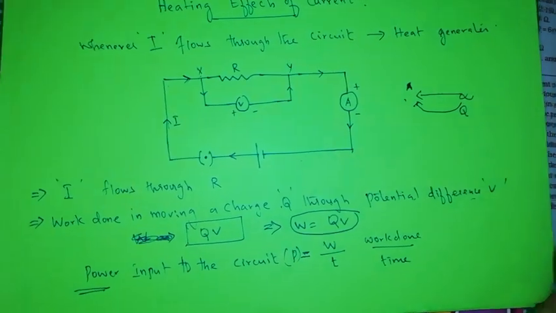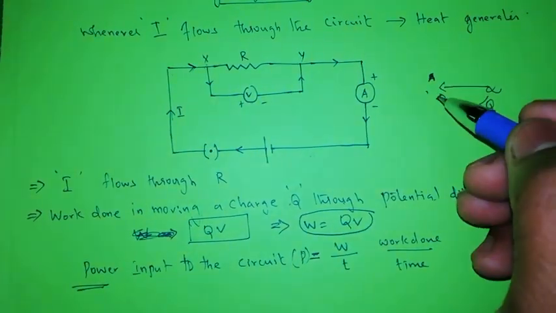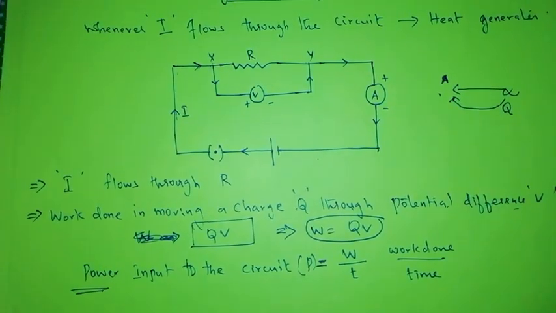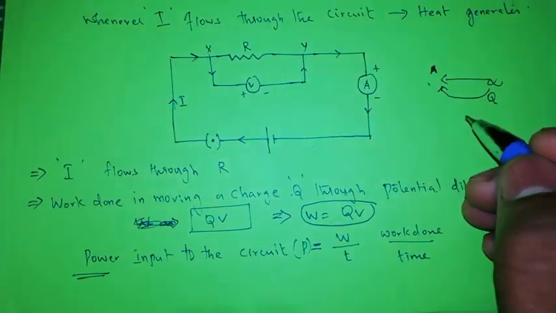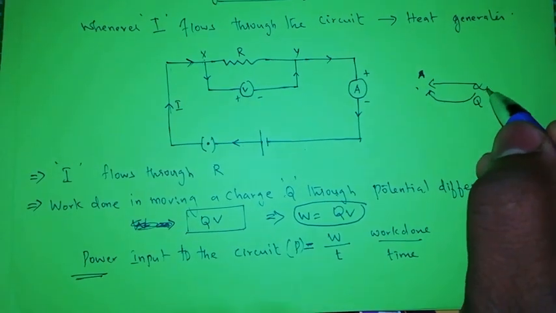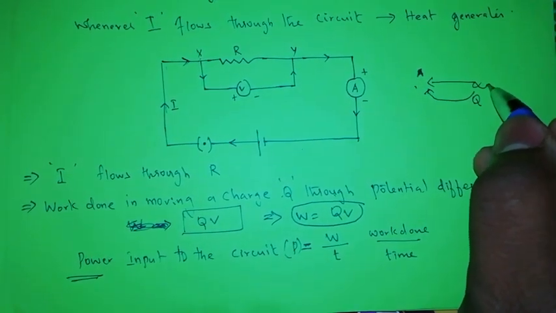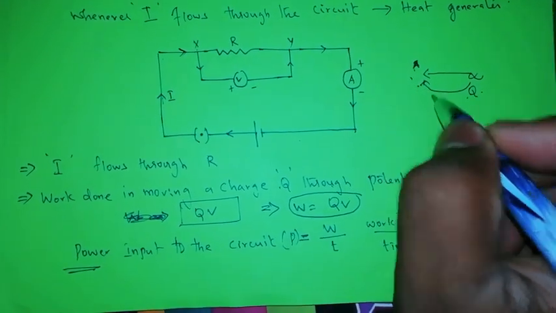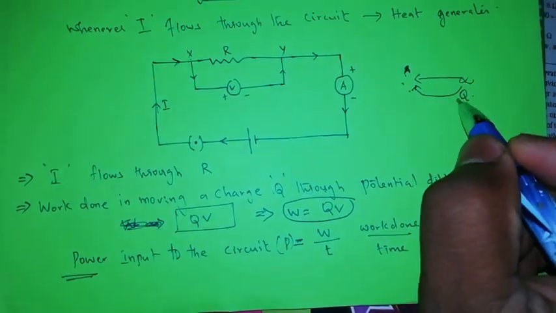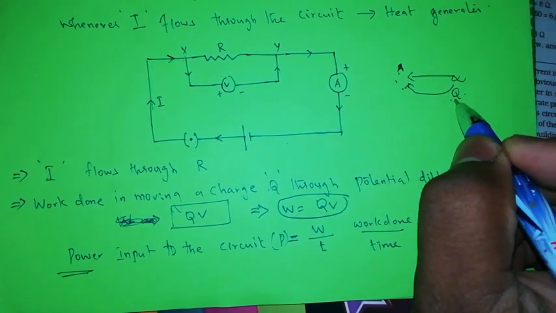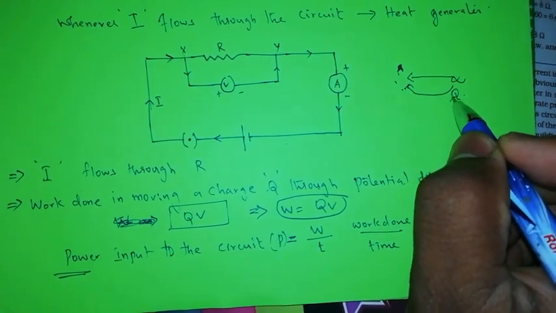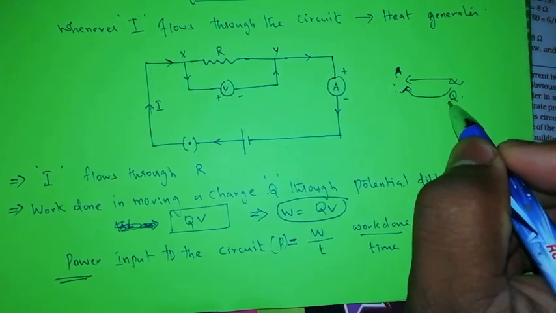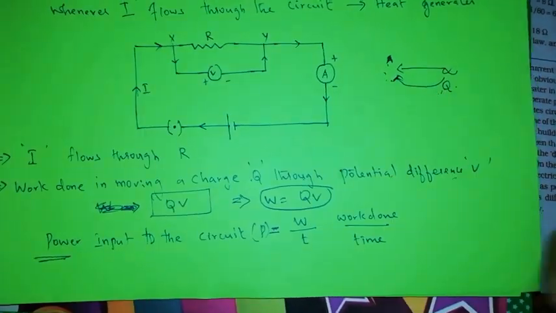That's what we learned. If you have not seen that first video, I want you to look at it once again so that you understand potential difference. So they are bringing some charge Q from infinity to place A, and that is the potential difference, right? So work has been done.